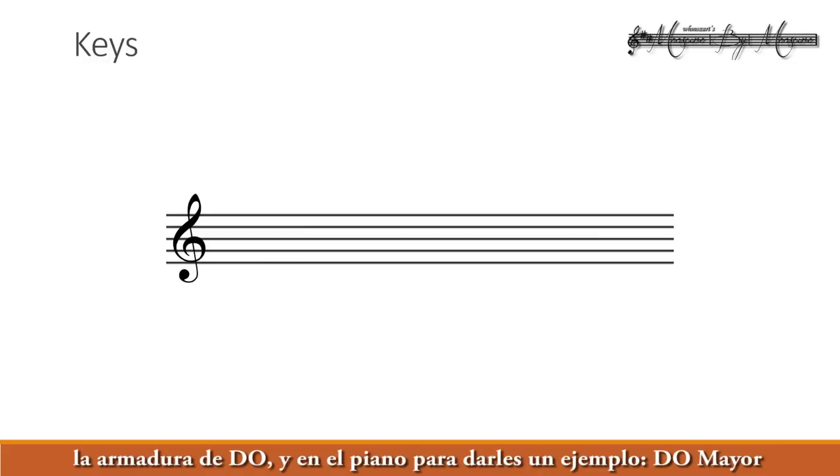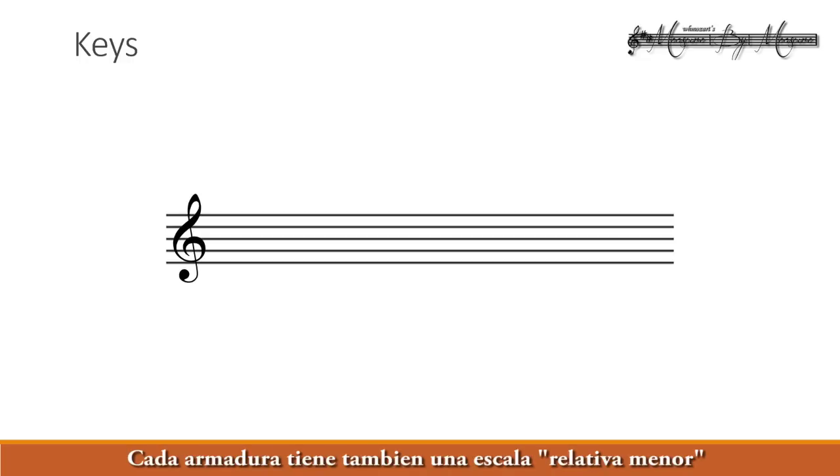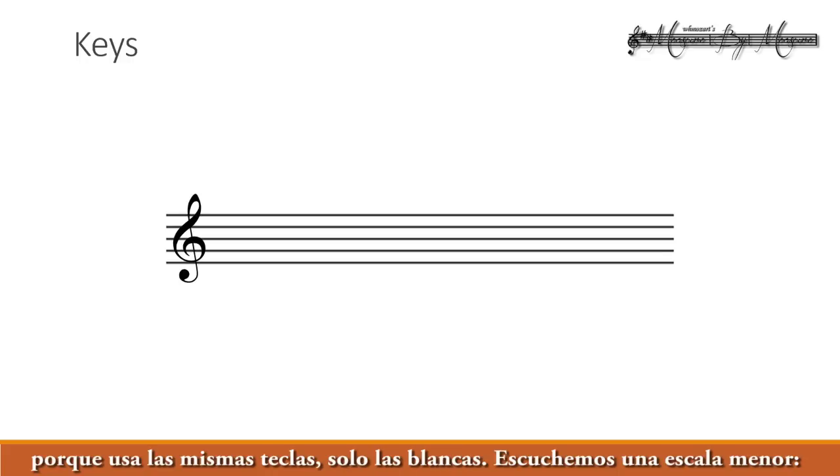And on the piano, again, just to give you a visual example, C major just uses the white keys on the piano. Each key also has a relative minor scale, which the C major relative minor is A minor. Why? Because it uses the same keys. It just uses the white keys.